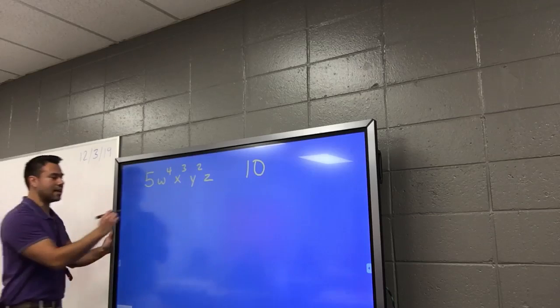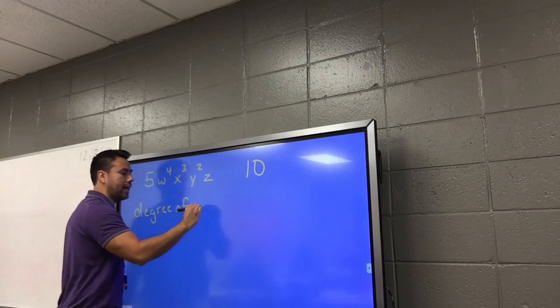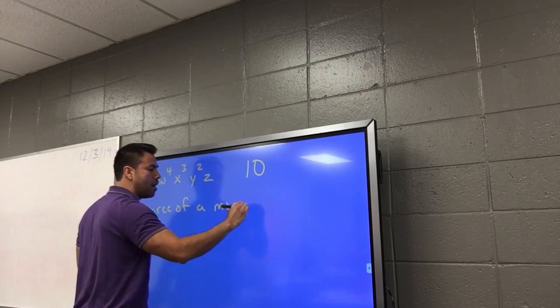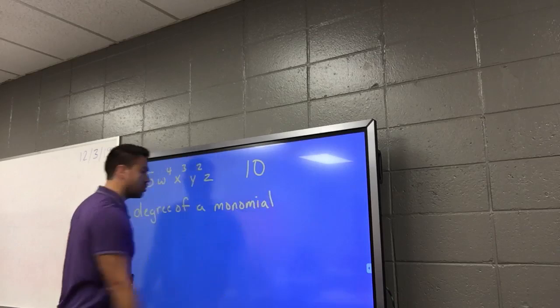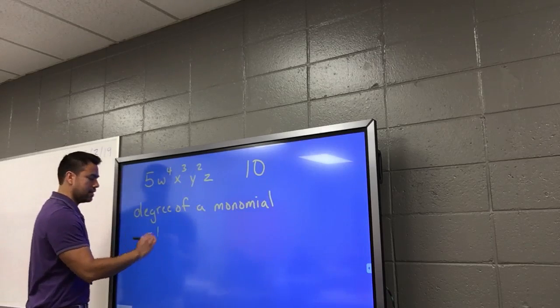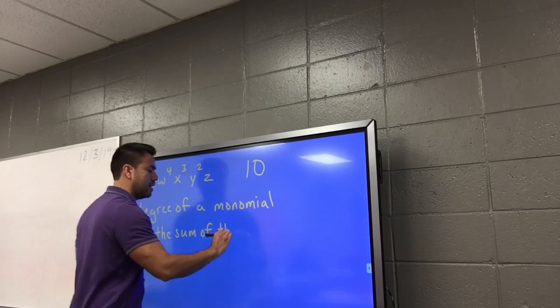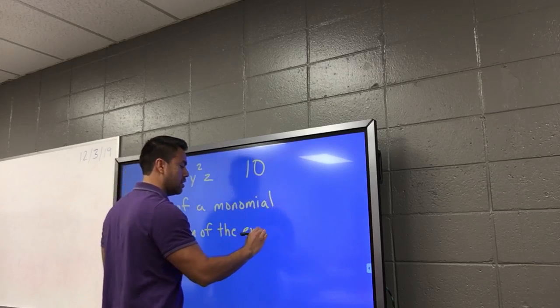Okay, let me give you the definition for degree. So far, we've just been talking about monomials. The degree of a monomial, we would say, is the sum of the exponents.